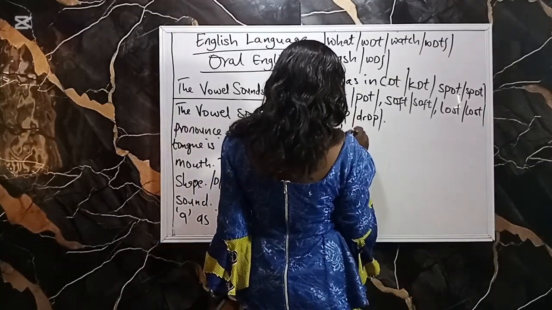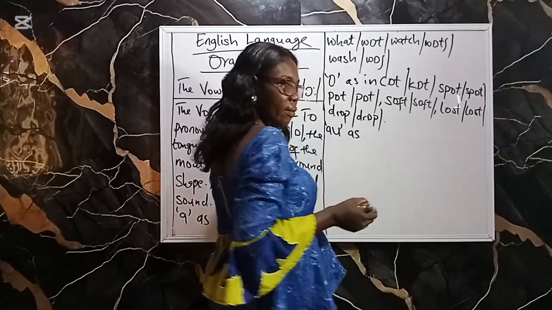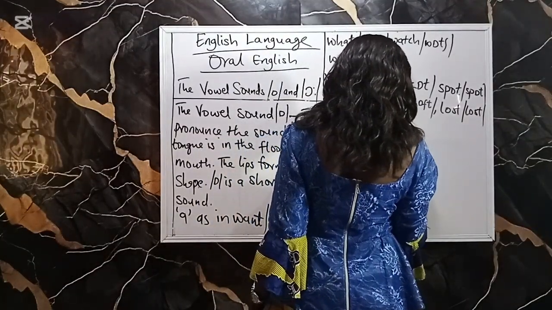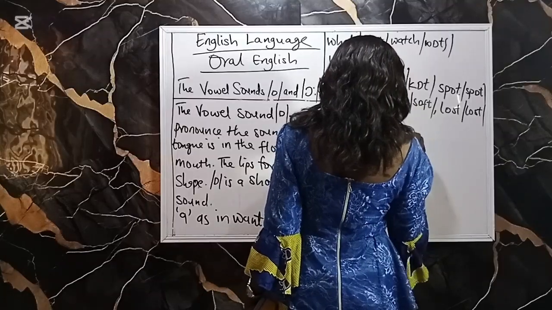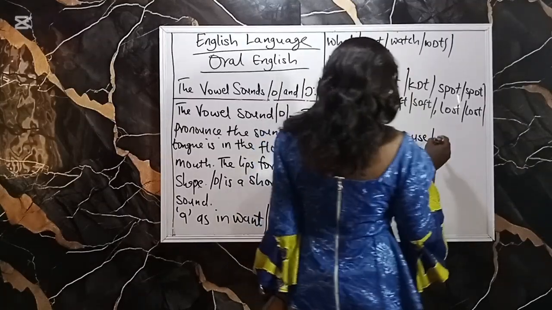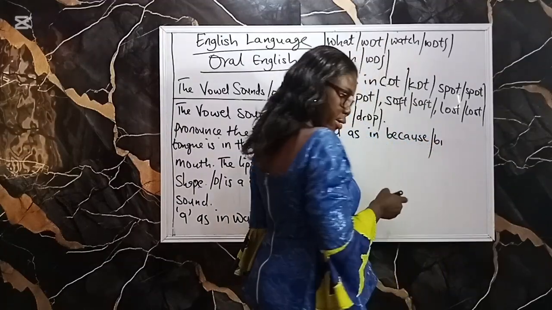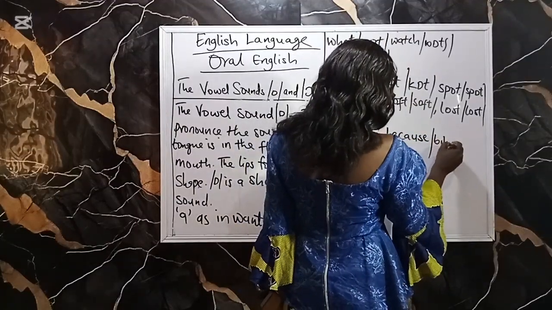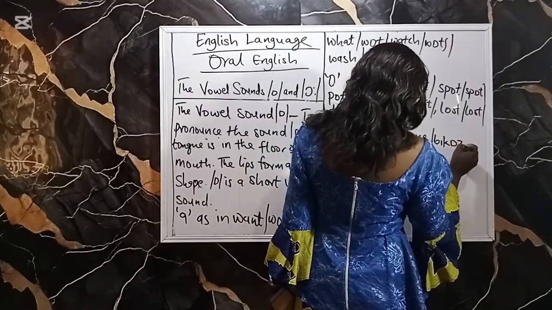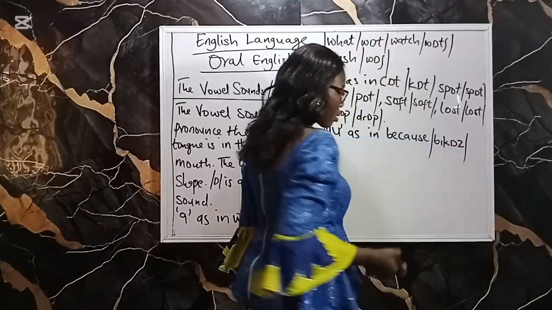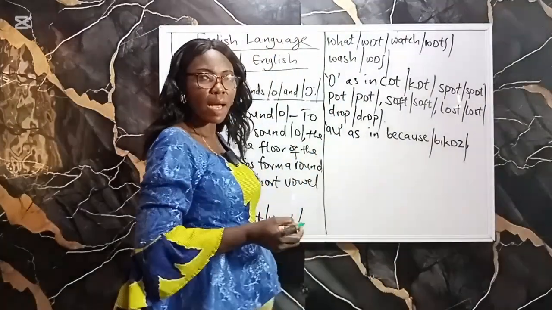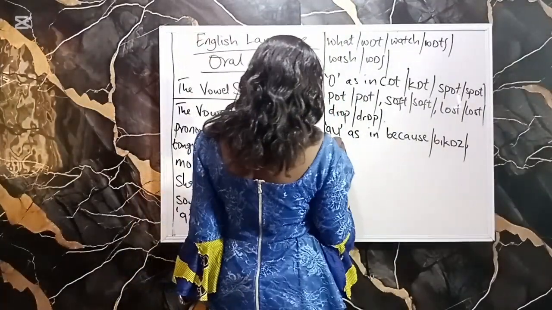Okay. Under A, U, we have because. It's pronounced B. Then cause, you put the sound where AU is, and it's pronounced Z. Because. Then another one is Laurel.